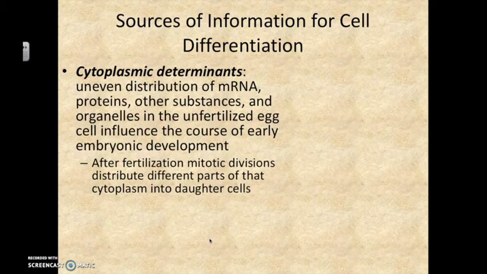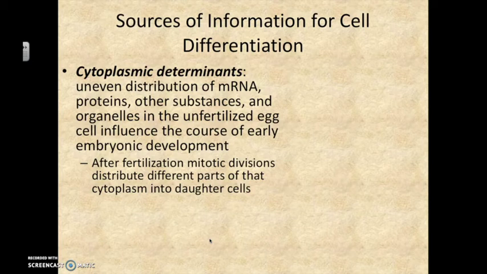After fertilization occurs, the zygote that also has all of these cytoplasmic determinants in there in uneven distributions goes through mitotic divisions. And when that zygote divides by mitosis, the daughter cells wind up with unique collections of these cytoplasmic determinants.